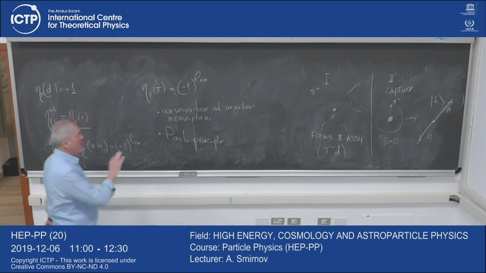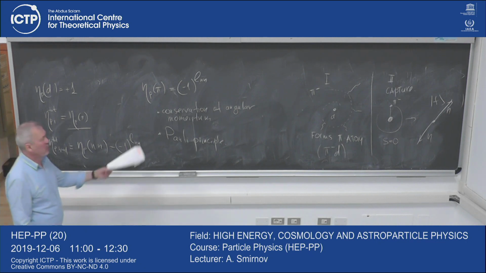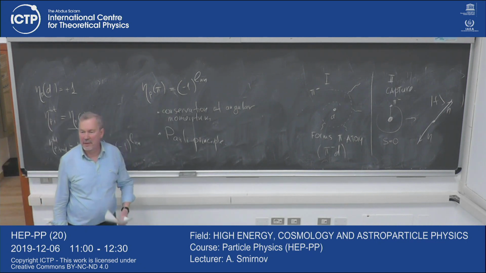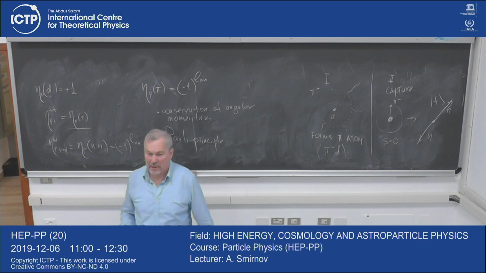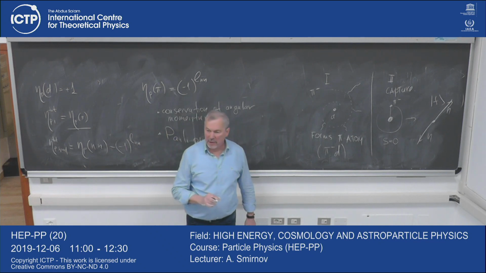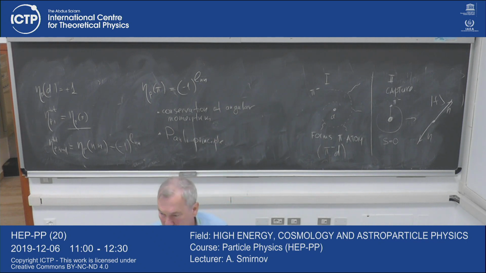Well, I will not describe all this analysis, but you may get some idea of how it works. So you have 2 identical particles in the final state, and therefore the wave function of these particles should be antisymmetric with respect to permutations of neutron and neutron. So that actually imposes a bound on the wave function of 2 neutrons in the final state.